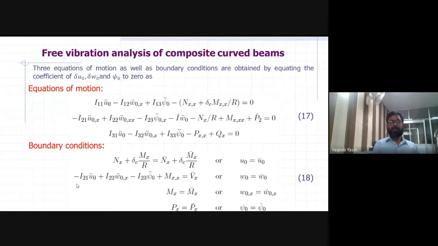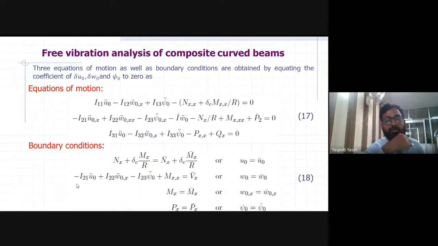Once you are able to find the equations of motion, then you need the solution for finding the deflection, the frequency, the time displacement curve, and so on. This equation is much more difficult than what you considered in the previous case.